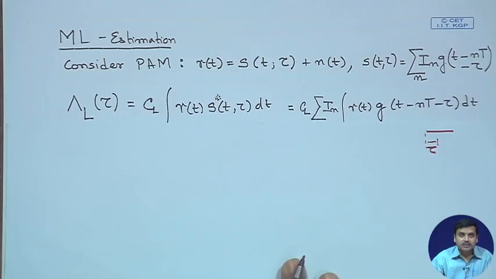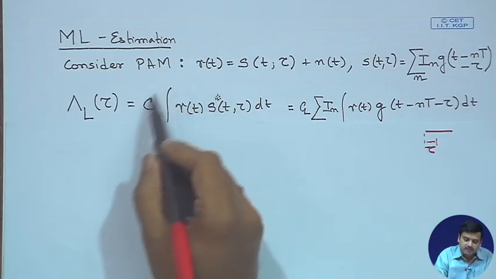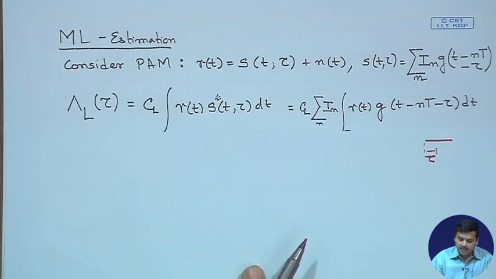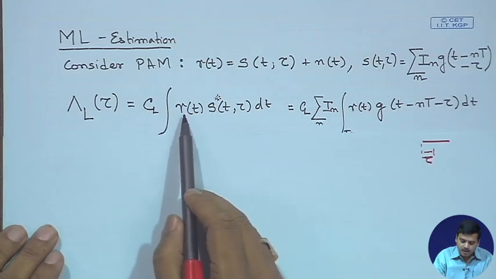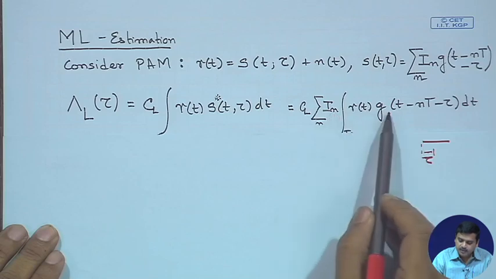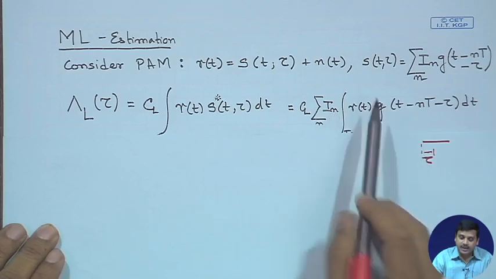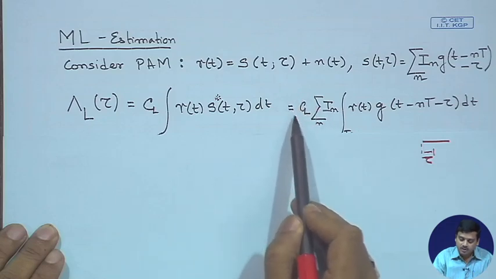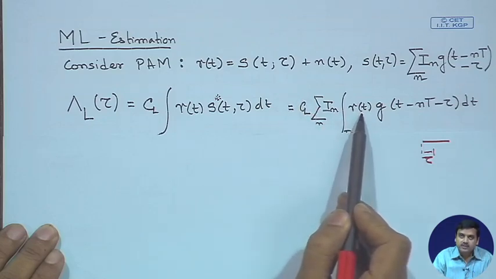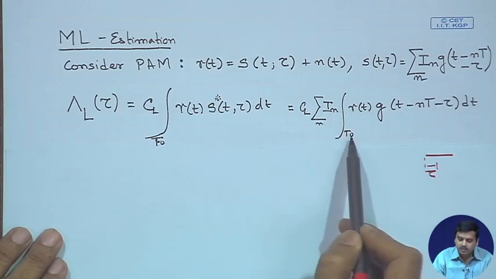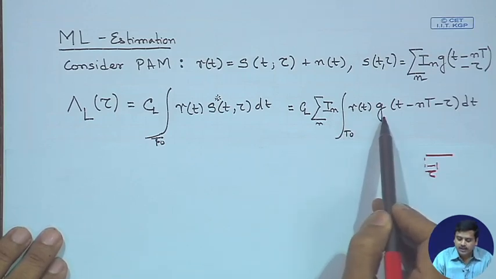The likelihood function, we have the correlation. If it is complex, you take the complex, and then you replace s with I_n and g(t) as described here. So, you are left with some constant value, the received signal integrated over the period T0 multiplied by g(t).